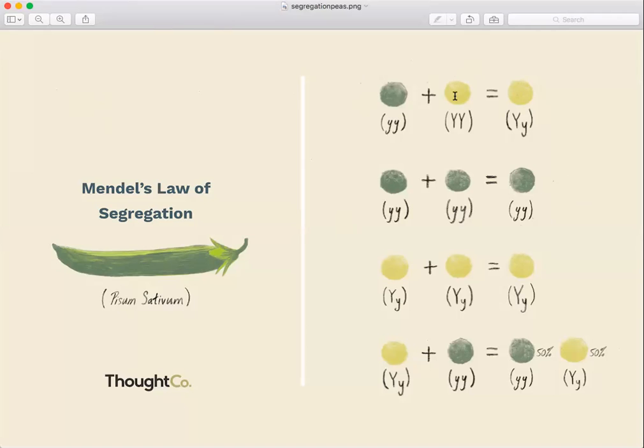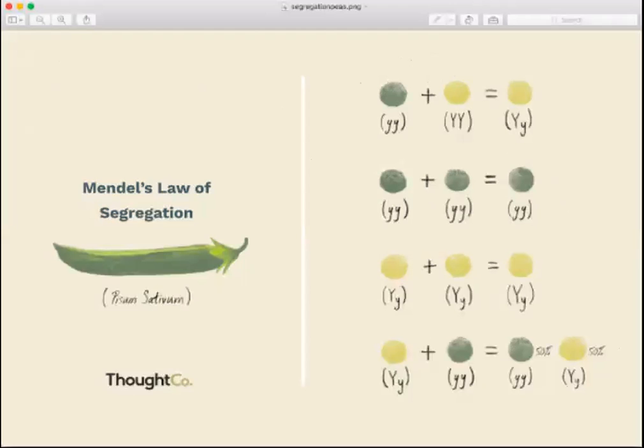So when the green pea and the yellow pea are crossed, or parents reproduce, they create an offspring that is going to have a phenotype of the yellow pea because the yellow is dominant. And with two peas that are recessive, you're going to see that the resulting pea offspring is going to express a recessive trait that is green, and so on and so forth.